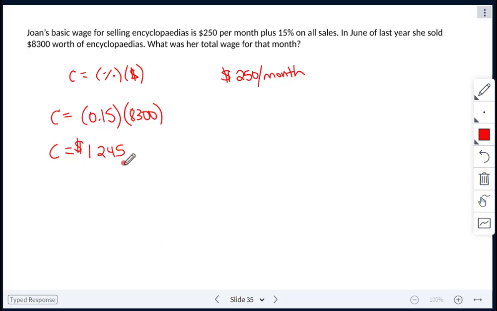So her total wage would be the $1,245 plus the $250 she gets per month, and that is her total, which is $1,495. So in the month of June, that's how much she made.